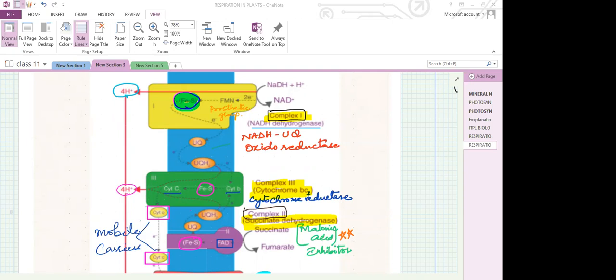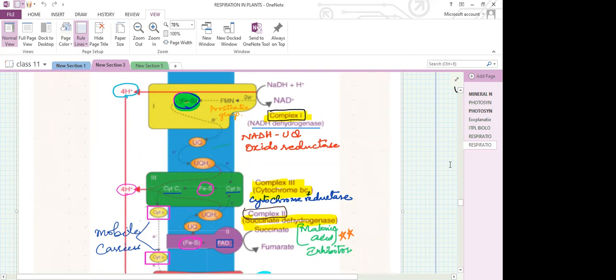The reduced ubiquinol is then oxidized with the transfer of electrons to cytochrome C via cytochrome BC1 complex 3. Cytochrome C is a small protein attached to the outer surface of the inner membrane and acts as a mobile carrier for transfer of electrons between complex 3 and 4.